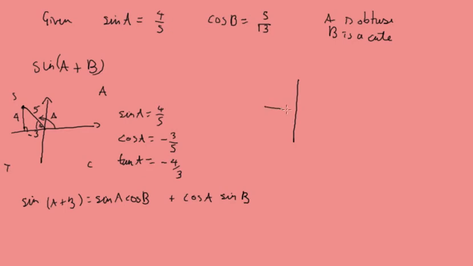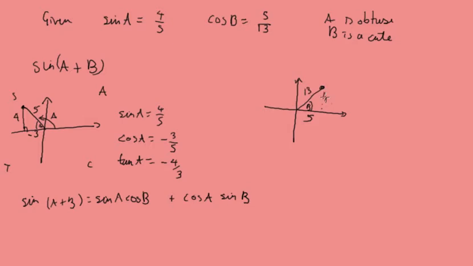So we know B is acute, so it must be in this quadrant. So this must be B. The opposite here is going to be 5, and the hypotenuse is 13.